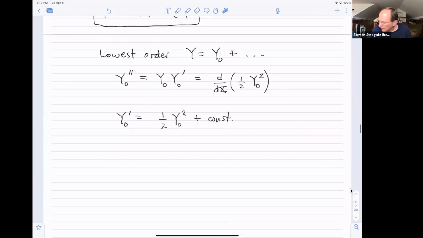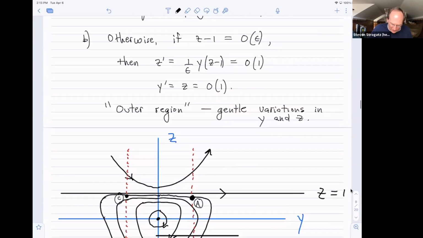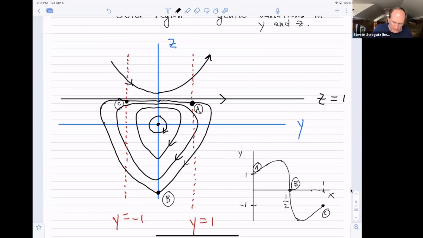So anyway, there's three choices now for the constant. If I call the constant capital A, I have to worry, do I have A less than 0, A equals 0, or A greater than 0? But we can see from our picture, from the geometric reasoning that we did back here, that the intercept for this parabola is a negative number.